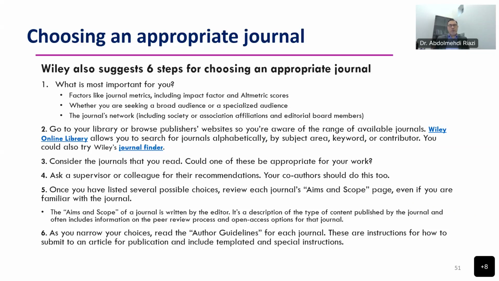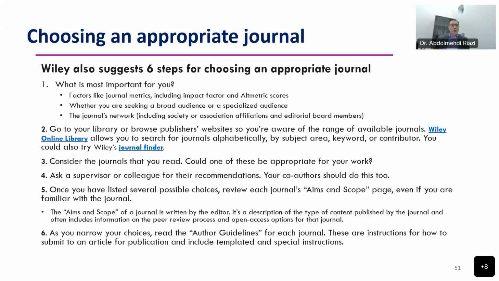Wiley, if you click later on this link, you will find an alphabetical list of the journals published by Wiley, and you can just search using some keywords, and you can come across or shortlist some of the journals that you would consider to send your manuscripts to. A similar link exists from other publishers, as I mentioned before, and so you can check that as well.